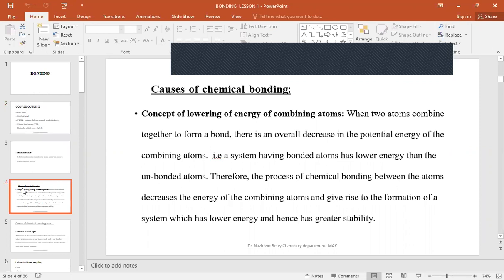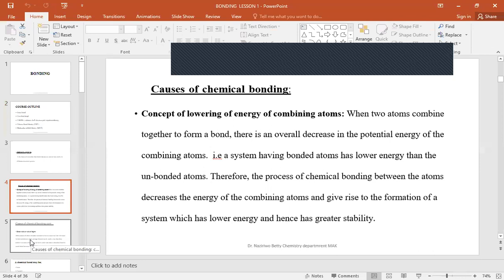The first concept is the concept of lowering energy. Usually the process of chemical bonding between atoms decreases the energy of the combining atoms and gives rise to the formation of a system which has got a lower energy. The moment the system has got a lower energy, it means the formed compound is stable.